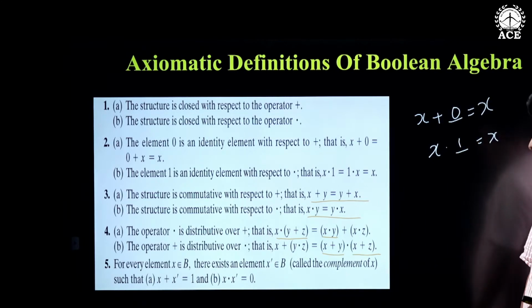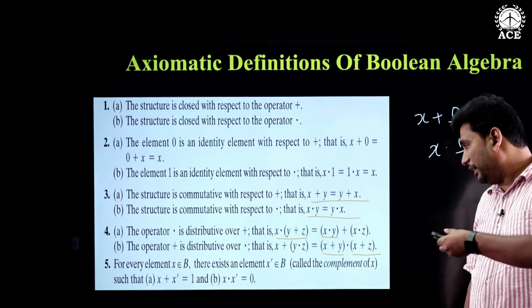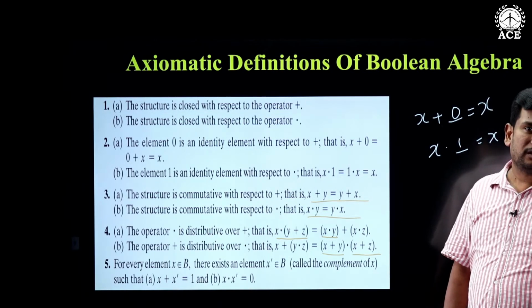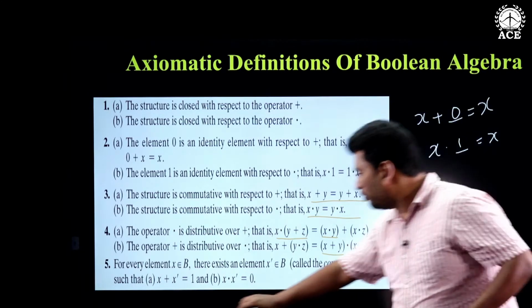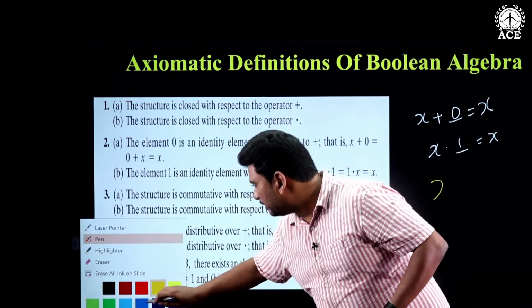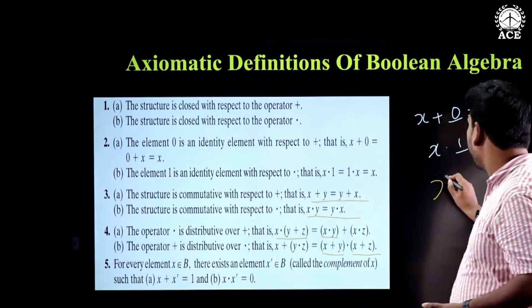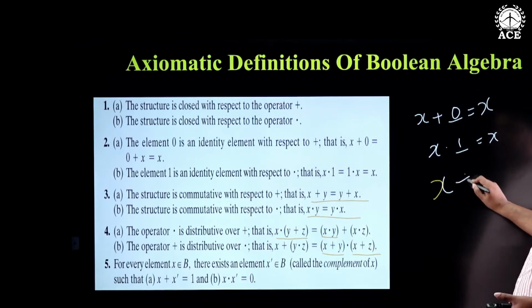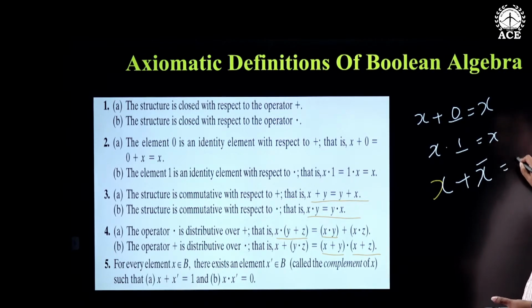And last, we have an element in B, such that X plus X complement. So what do you mean by this? Just like we talked about inverse elements, we have an element for X called X complement. When you do the sum of these, it is equal to 1.